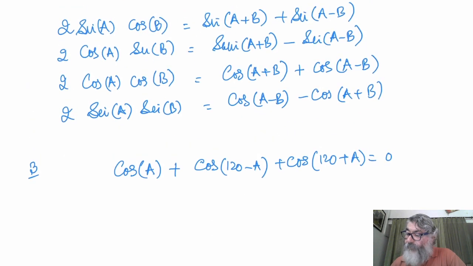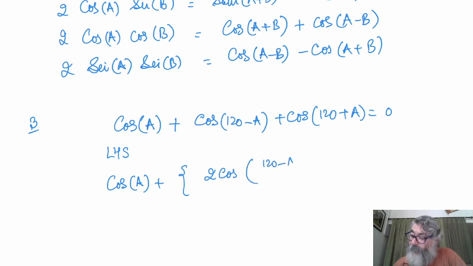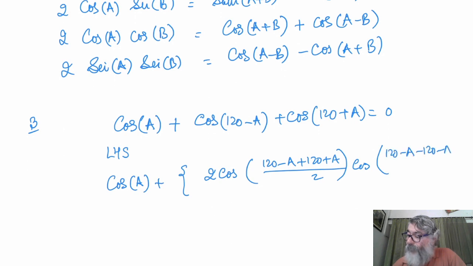Let us take left hand side and apply cos C plus cos D. Cos C plus cos D was 2 cos (C plus D)/2 cos (C minus D)/2. So 2 cos of (120 minus A plus 120 plus A)/2 and cos of (120 minus A minus 120 minus A)/2.